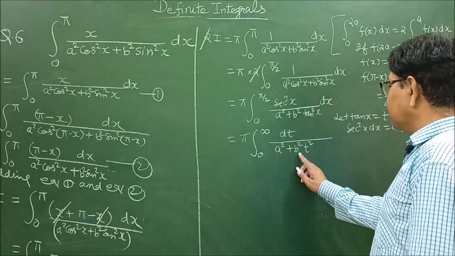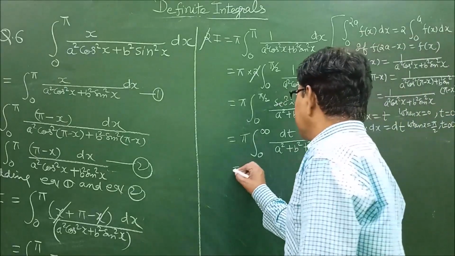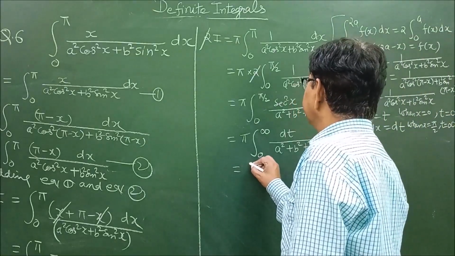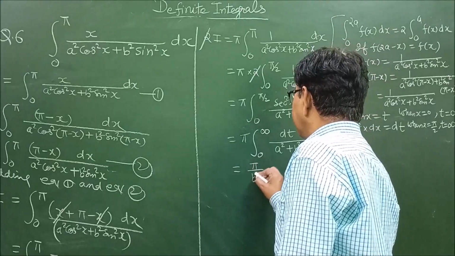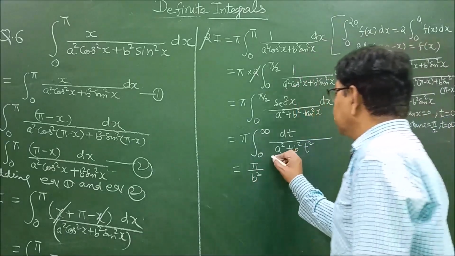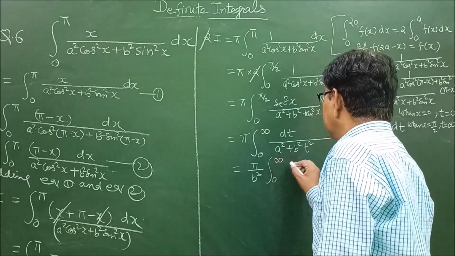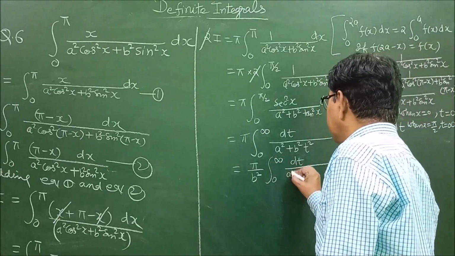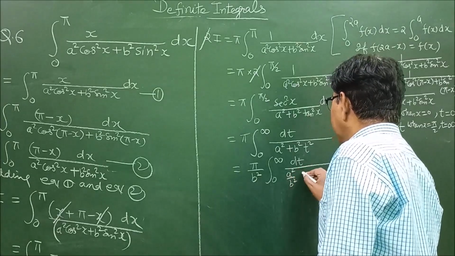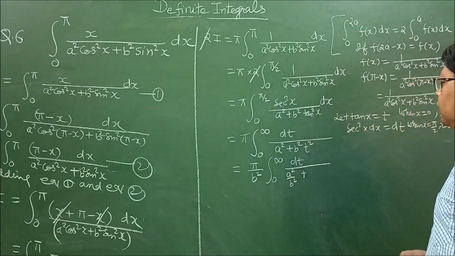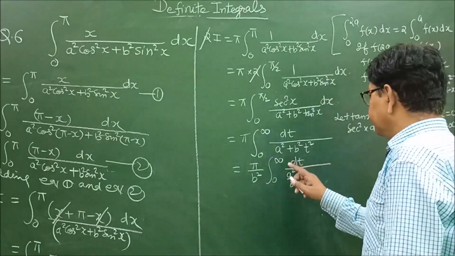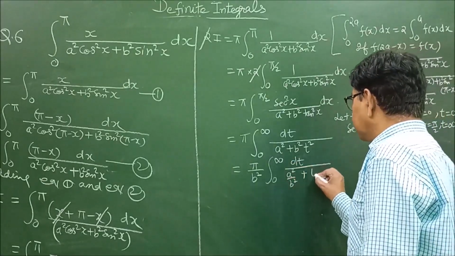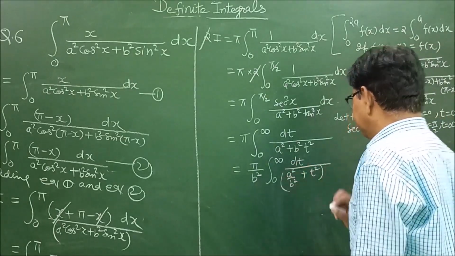Now taking b square common from here, we get pi upon b square, integral from 0 to infinity dt, and with b square taken as common, a square upon b square plus t square dt.